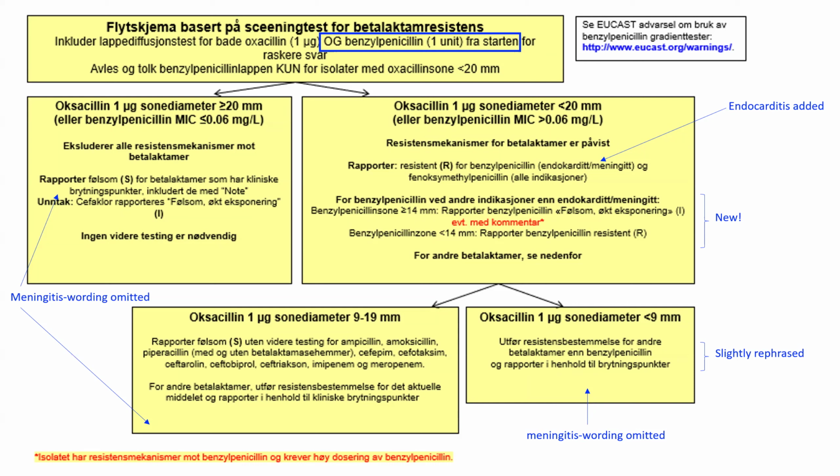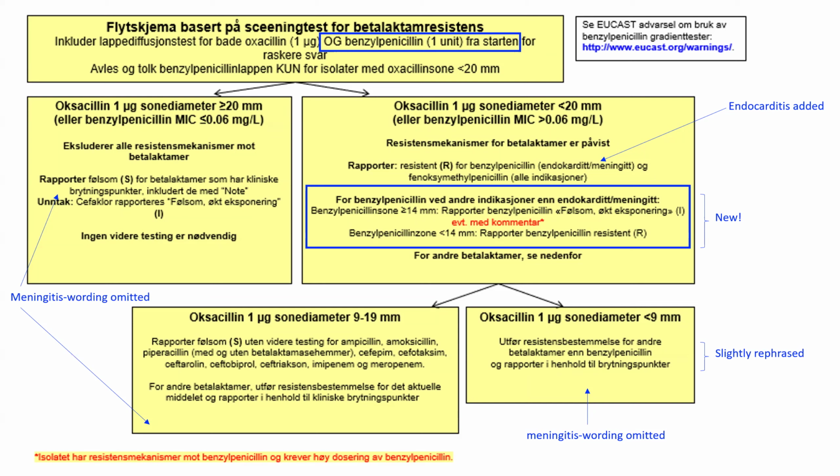And when it comes to this right top box, here we've added endocarditis for the ones that you need to report resistance. And then in this box, the wording is new because here you use the benzylpenicillin 1 unit disc to see what you get.